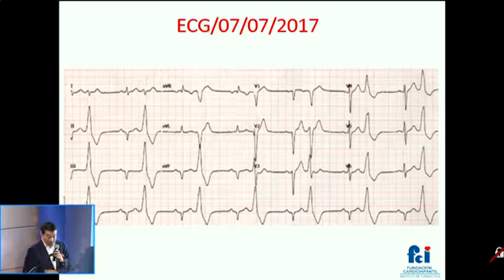This type of morphologies, of course, guide us towards a specific differential diagnosis, and this is the key exercise, not just in sinus, but in extrasystole, based on the morphology, to try to establish 3 or 4 differential diagnoses to save time during the procedure.